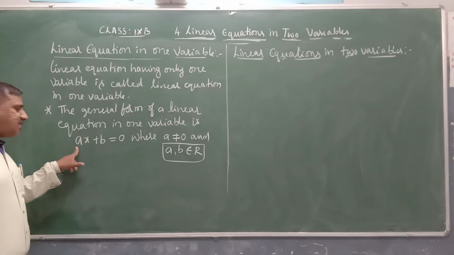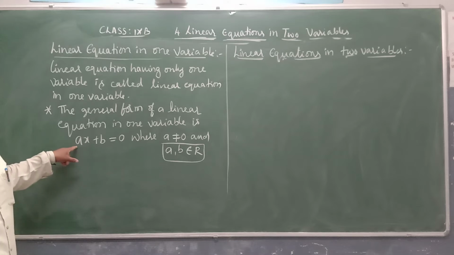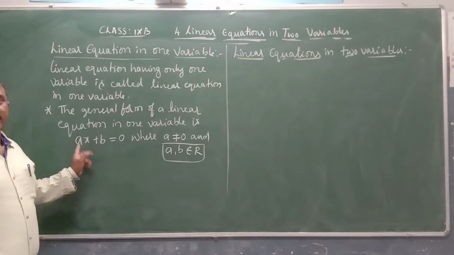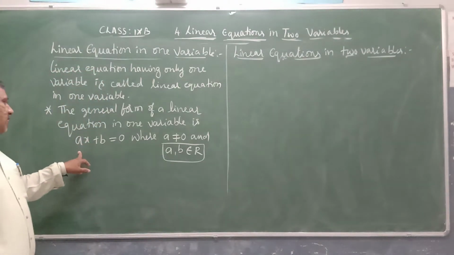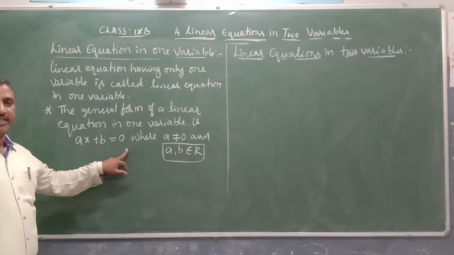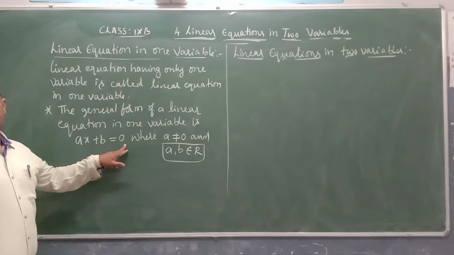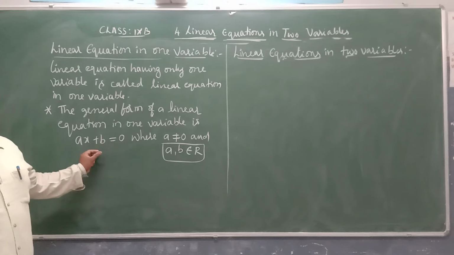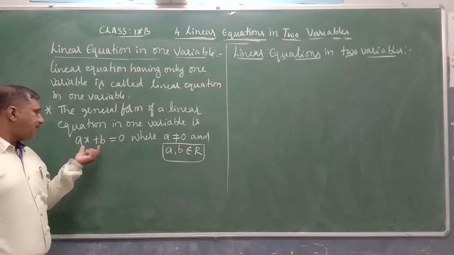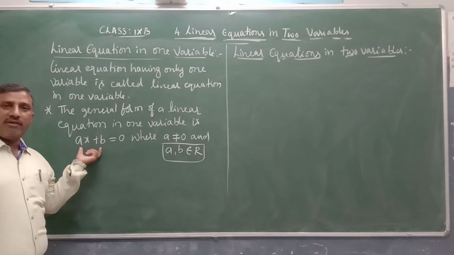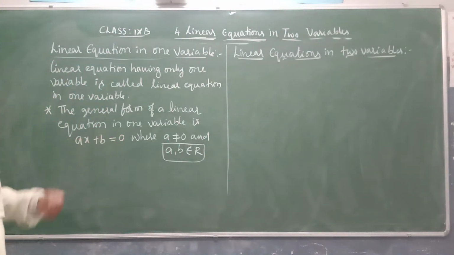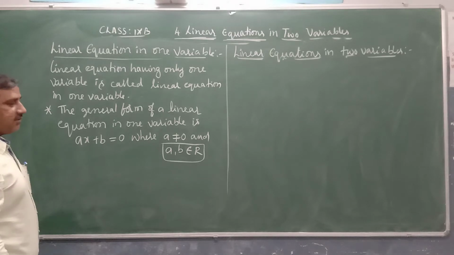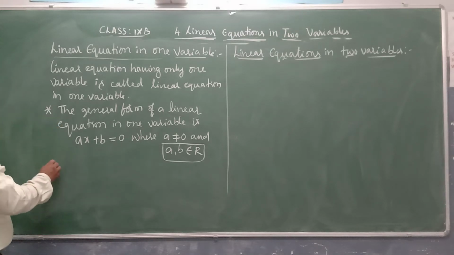Why? If a is equal to 0, what will happen? Ax, that is 0 into x, is 0, then we will get 0 plus b is equal to 0. This linear polynomial will become a constant polynomial. That is the reason why a is not equal to 0.